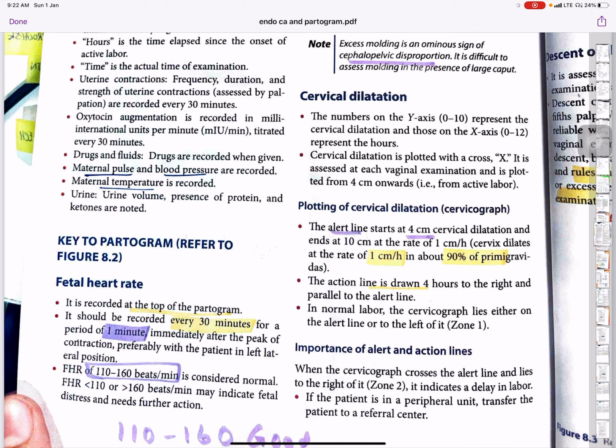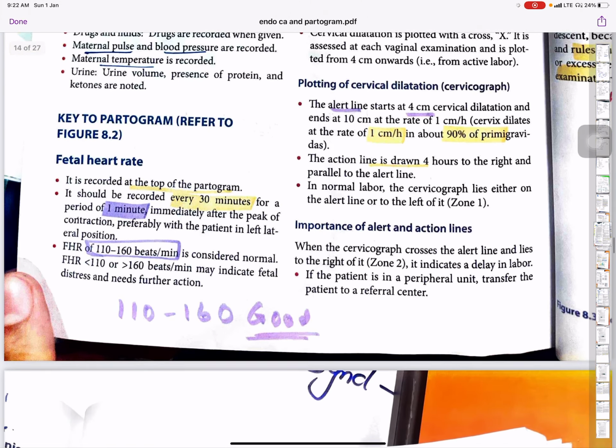Plotting the line, we have the cervicograph. Cervical dilatation starts from 4 centimeter and we expect it to be 1 centimeter per hour in a primary gravida. Okay.